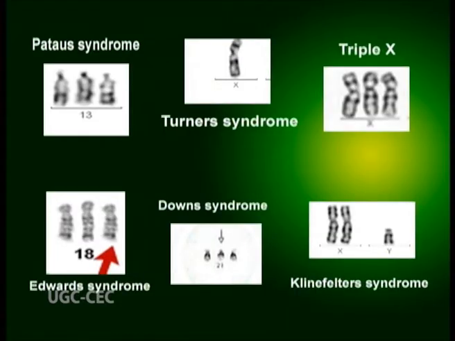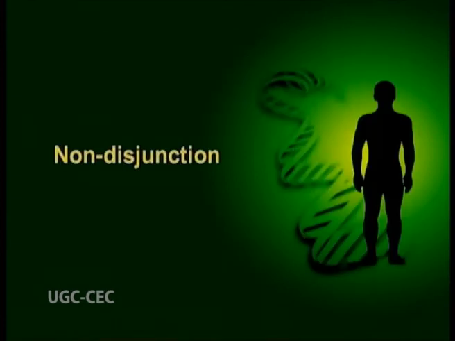Now, let us see why this kind of numerical abnormality exists. What is the basis for the numerical abnormalities? As I mentioned, in the somatic cell we have 46 chromosomes.